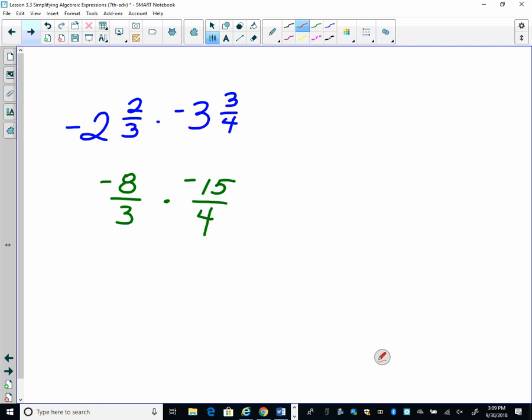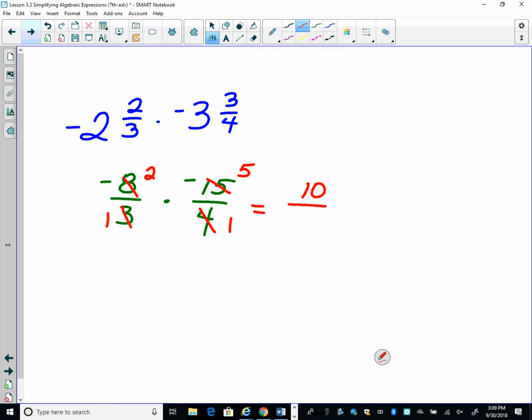Now we want to look and see if we have any common factors. 3 and 15 can both be divided by 3. So 3 goes into 3 once, 3 goes into 15 5 times. 4 and 8 have a common factor of 4. 4 goes into 4 once, 4 goes into 8 2 times. Now multiply your numerators. 2 times 5 is 10.